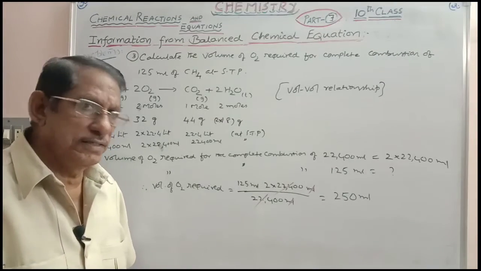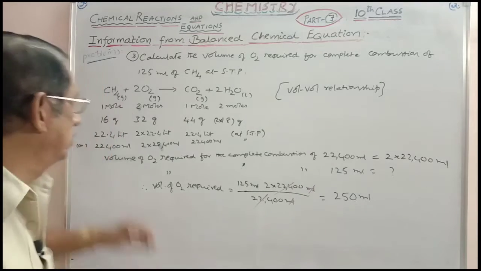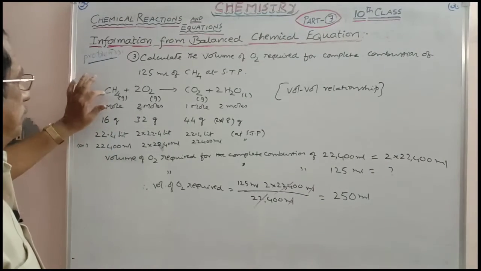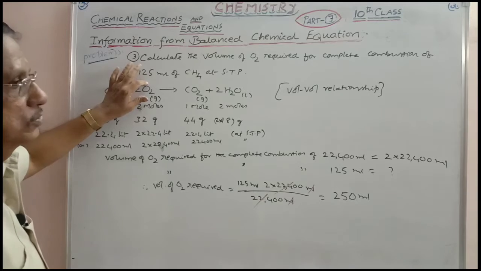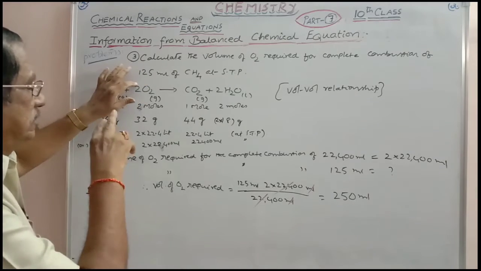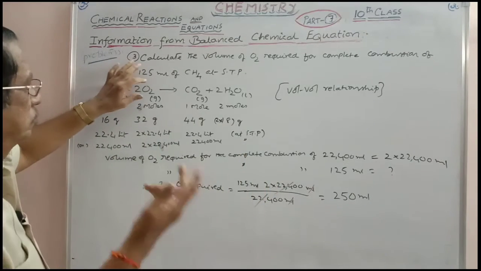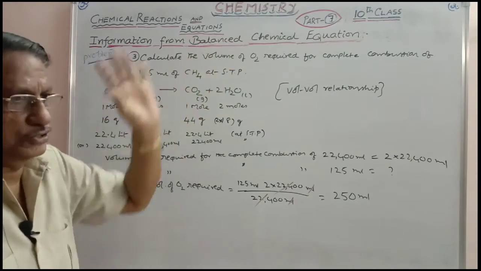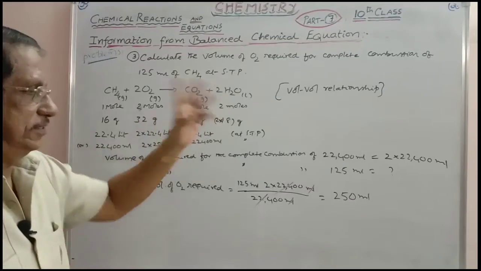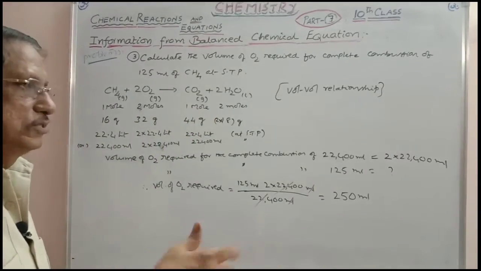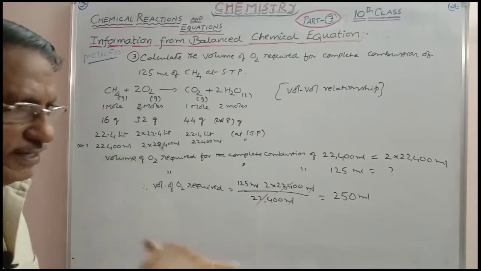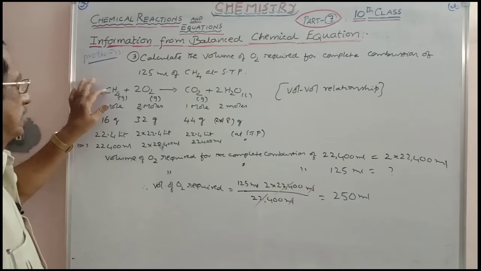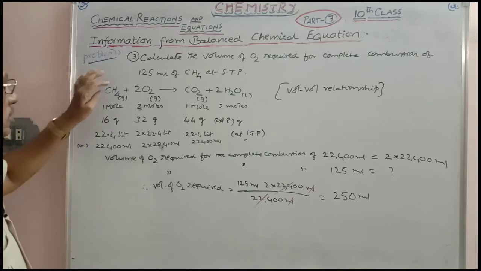What is the meaning? In moles ratio you can study here. 1 mole of CH4 combines with 2 moles of O2. 1 mole of CH4 reacts with twice the volume, 2 moles of O2, to give you 1 mole of CO2 and 2 moles of H2O. If you express it in grams, methane, 1 mole, means 16 grams.